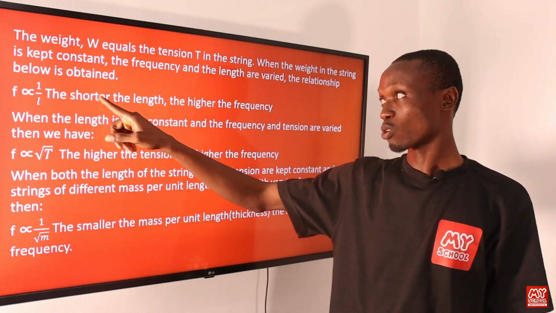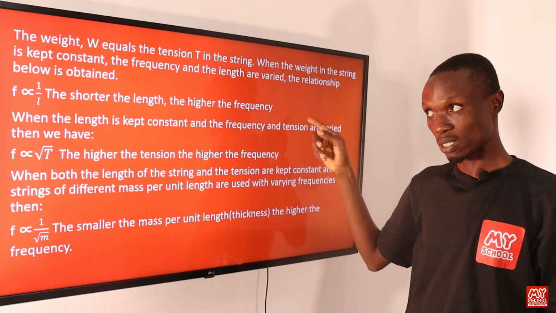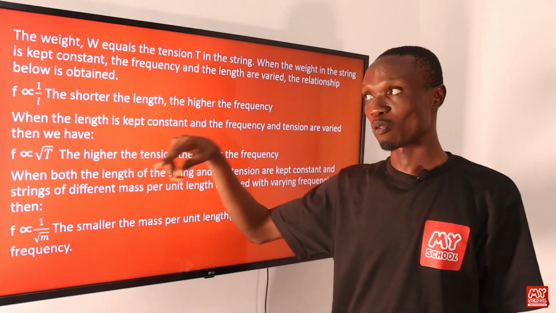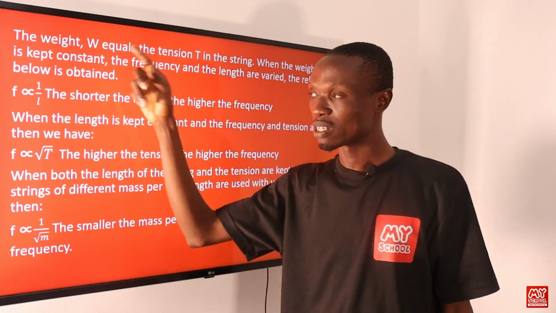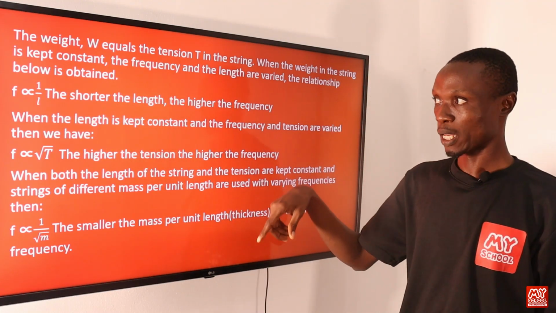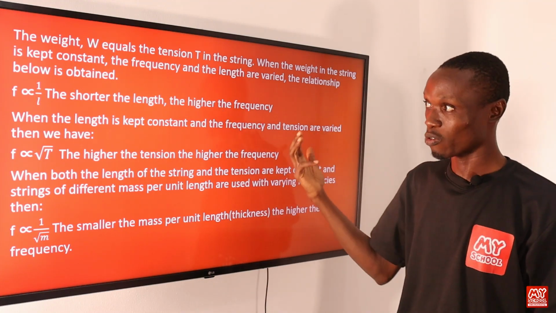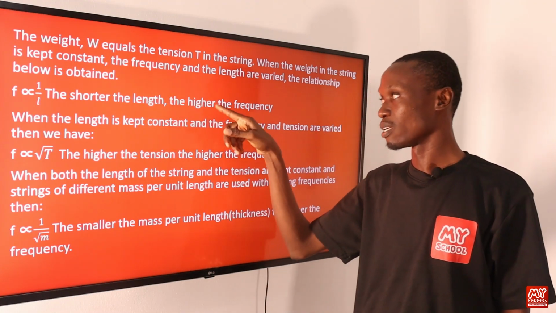Meaning that the shorter the length, the higher the frequency, since the relationship between frequency and length here is that of inverse. As one increases, the other reduces.